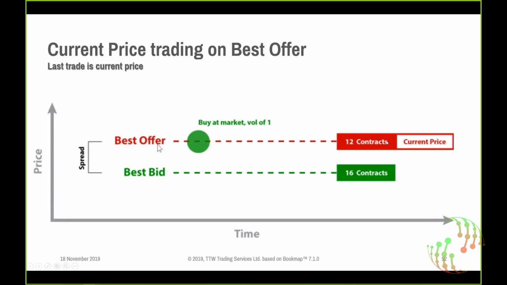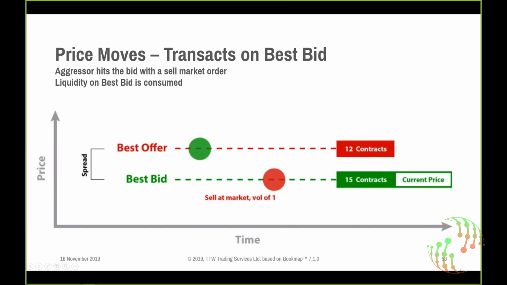There are 12 contracts. One is bought and one is sold into these 15 contracts. This is the organization: green is the best bid and red is the best offer.